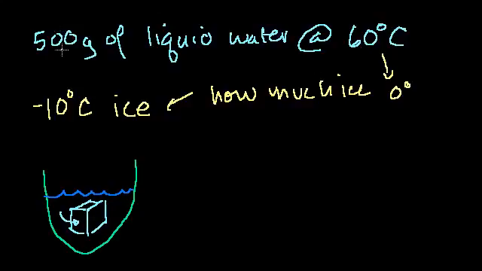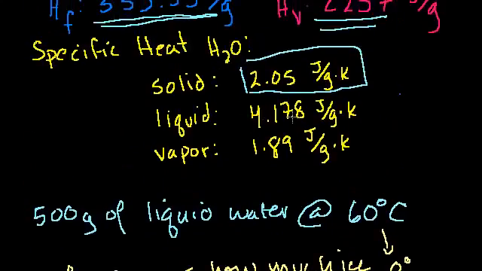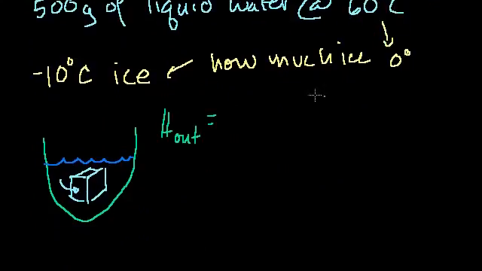So how much energy do we have to take out of the 500 grams of liquid water? Well, it's the same amount of energy that it would take to put into 0 degrees liquid water and get it to 60 degrees. So the heat out of the water is going to be the specific heat of water, from our previous videos, 4.178 joules per gram Kelvin.